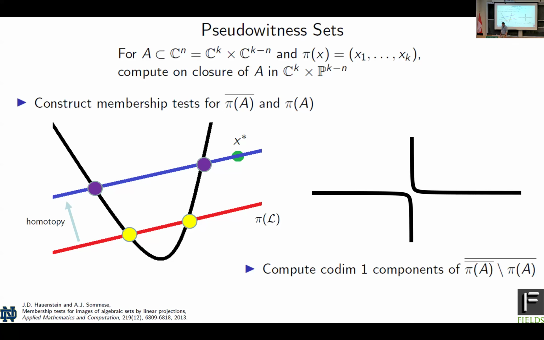And so then you can actually compute these components of the closure of the complement of the image from its closure. So you can compute this. And in particular, in this case, you would just have this single point there. It arises from the closure that's not in the image.